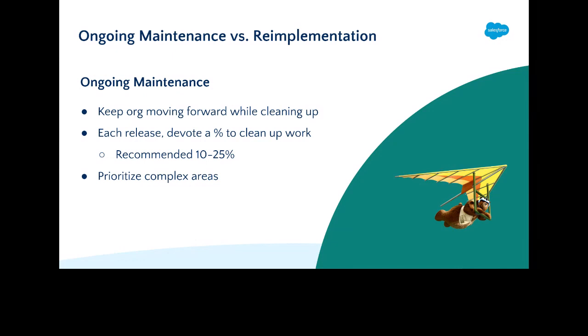Keep your org moving forward while cleaning up so that you have all the latest tools implemented. It doesn't mean that you are stopping development on your org. You keep doing that, but also keep maintaining your org and remove whatever is useless. So in each release, devote some percentage to clean up work.